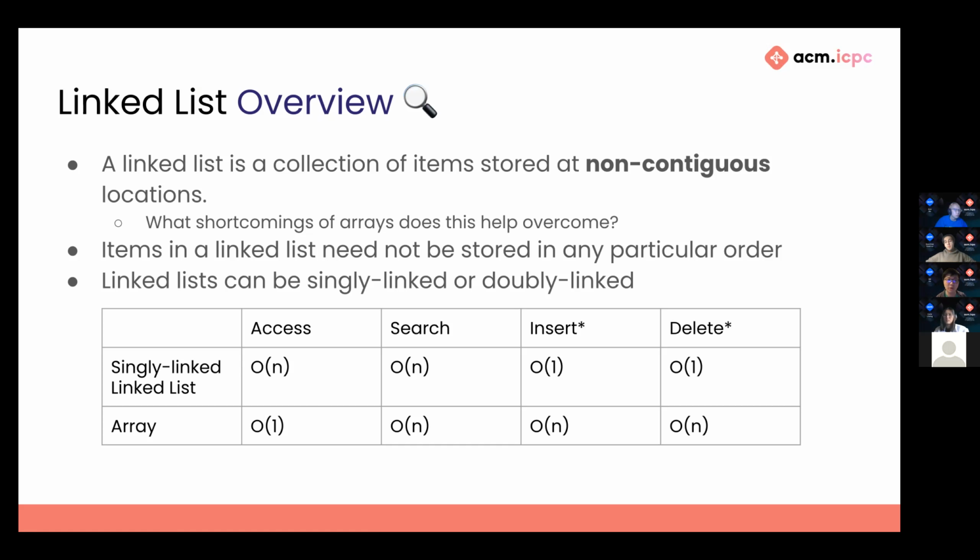Now with searching, for both of them, you have to traverse the array or linked list. So for both of them, the algorithm is O of n, linear time. I like to emphasize that this chart and these big O values for linked lists and arrays and their operations are super important in terms of coding interviews, right?